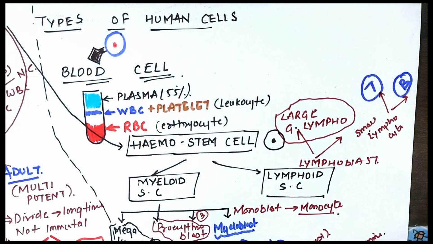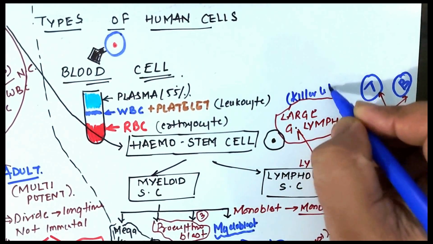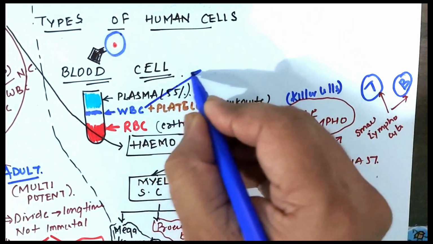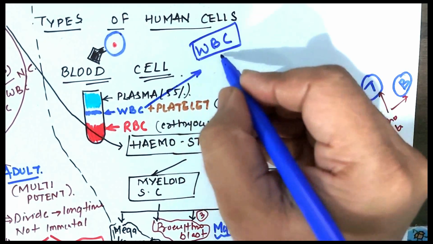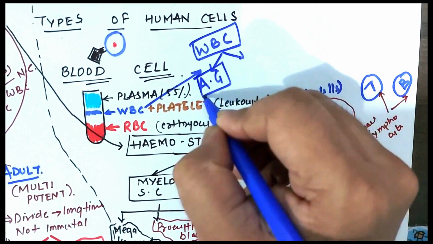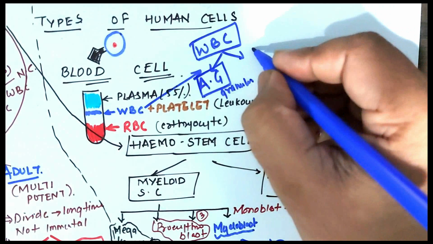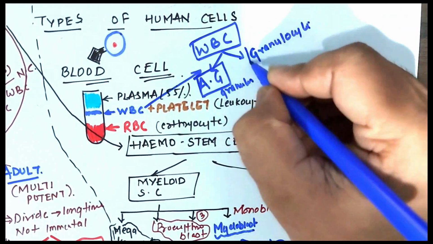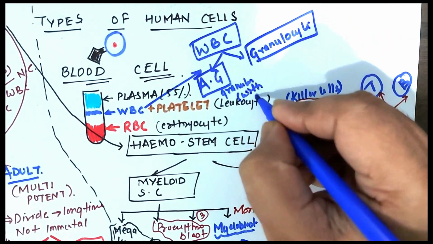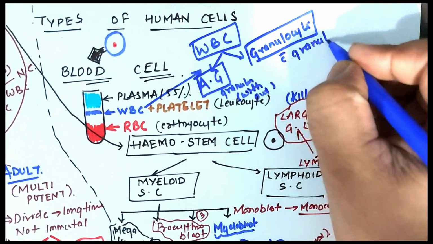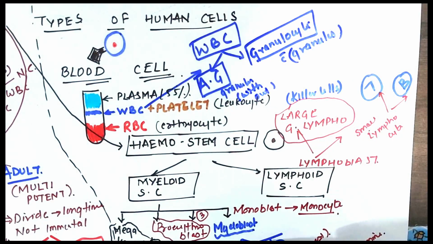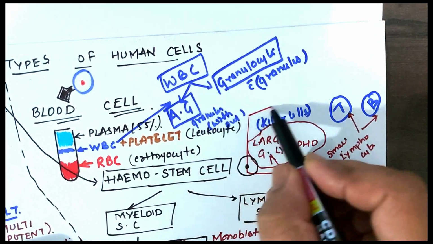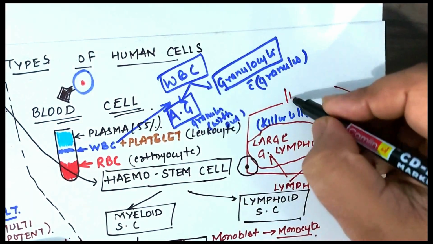Now, WBCs are basically divided into two categories: agranulocytes, which do not have granules, and granulocytes, which have granules in the cell cytoplasm. Granulocytes are the ones we discussed, the neutrophils, eosinophils, and the basophils.